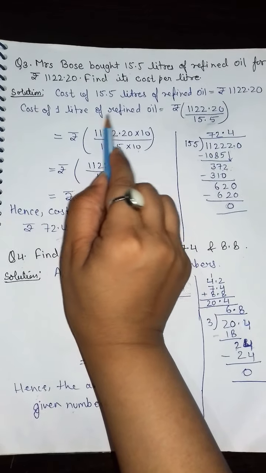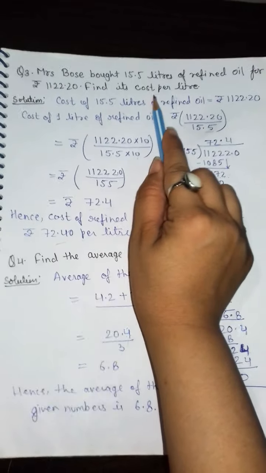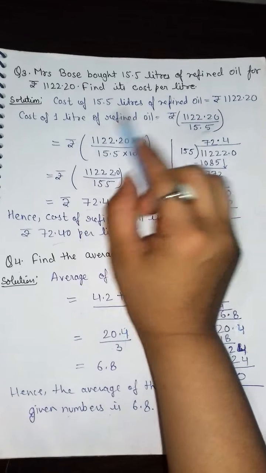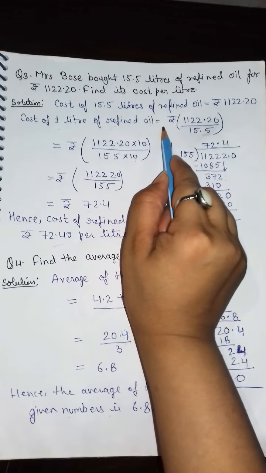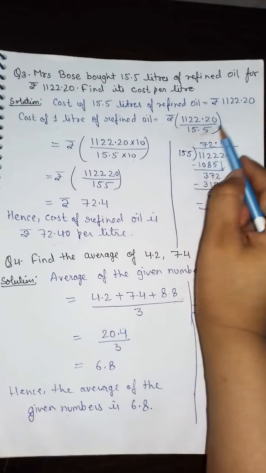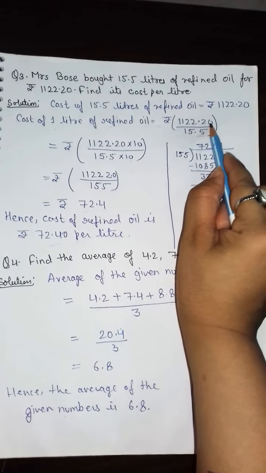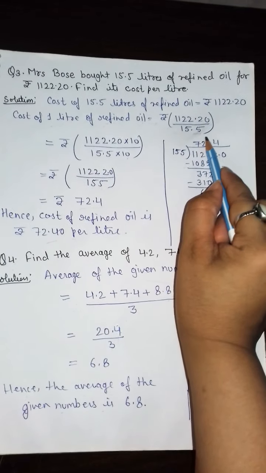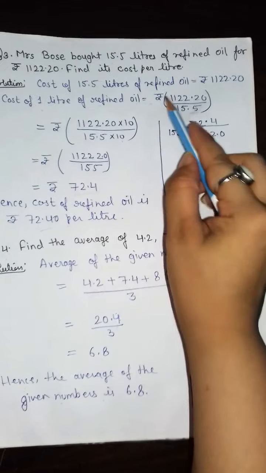Here we have to find the cost per liter of refined oil. So cost of 1 liter of refined oil is equal to rupees cost of 15.5 liter of refined oil upon 15.5 liter.